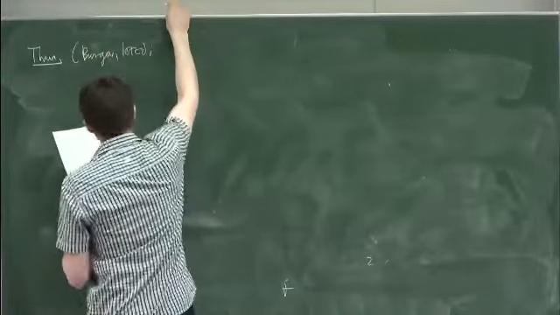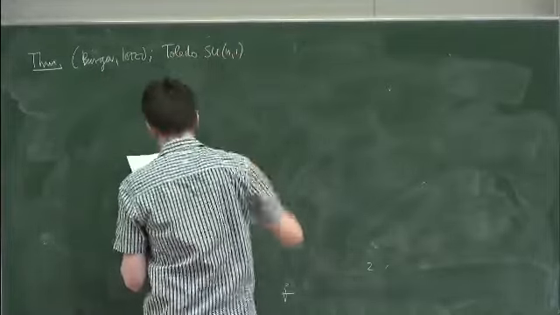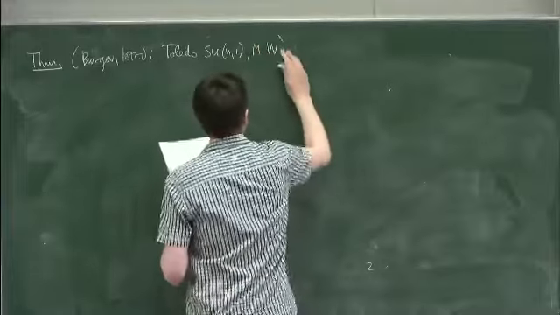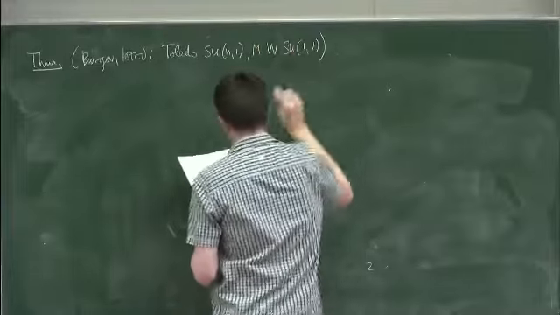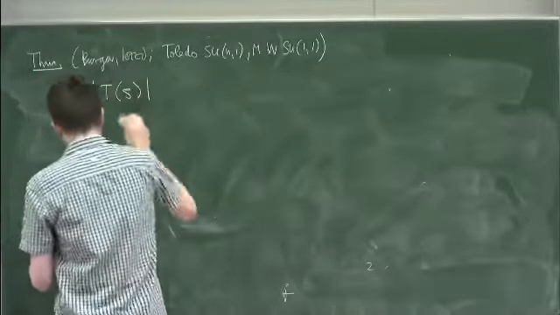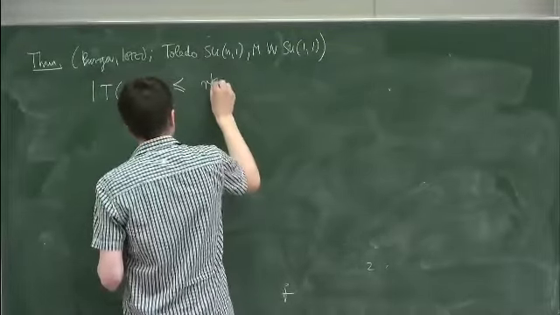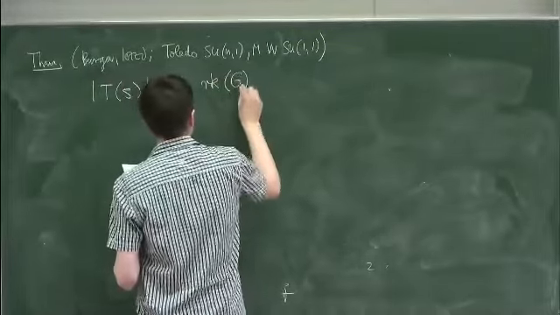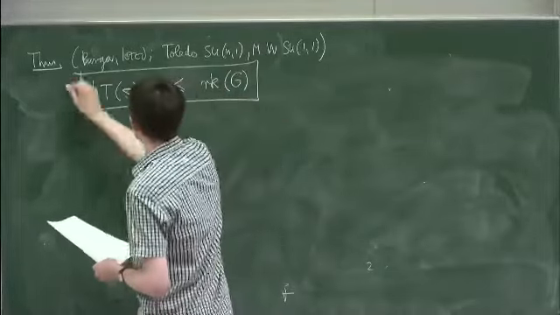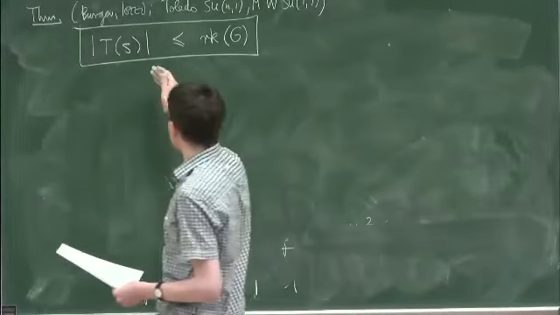But in the case of SU(n,1), so the rank 1 case, I think Toledo proved it, and also Milnor and Wood, of course, had it in very special cases, I think SU(1,1). So they proved that the absolute value of the Toledo invariant is less than or equal to the real rank of the Lie group G. And this is what is called the Milnor-Wood type inequality. And it has a concrete geometric meaning.